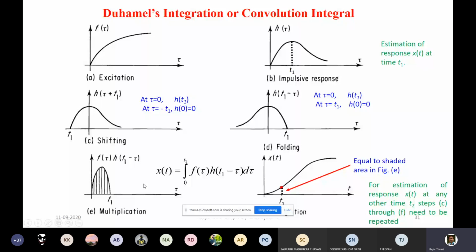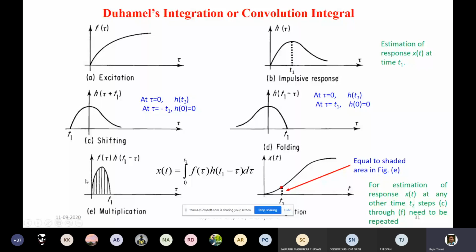And then the response is the summation of all of them. If we sum them up to some time t1, that will give us a point on this response versus time graph. So this particular dot will be the sum area of this curve.